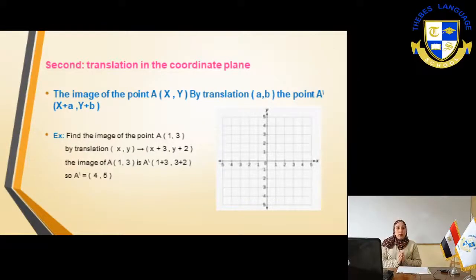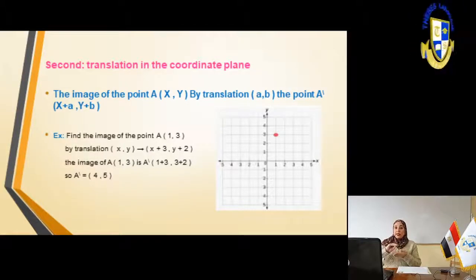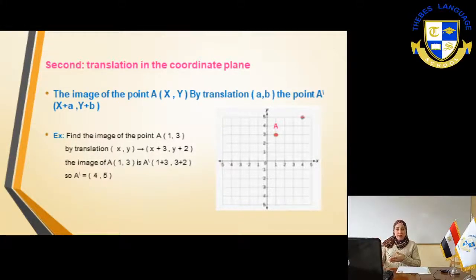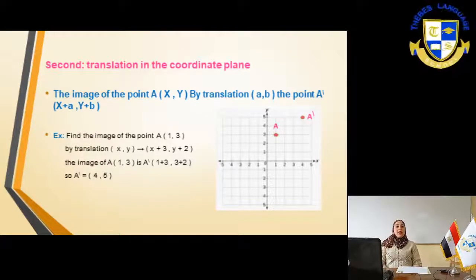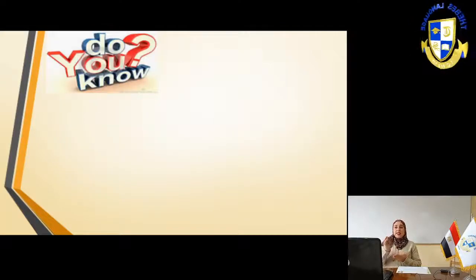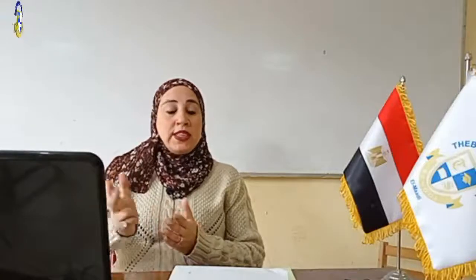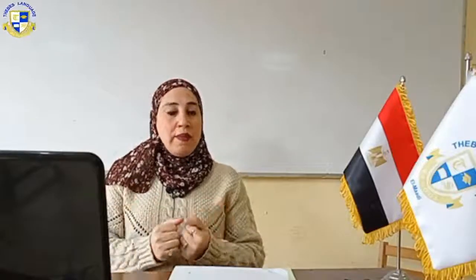This new coordinate pair represents A dash. To plot A dash on the graph, I must start from 4 and go up to reach 5. When I reach 5, I'll put the dot, which represents A dash. So I used the formula, adding to the original coordinate pair, to get the image of the point A, which is A dash.